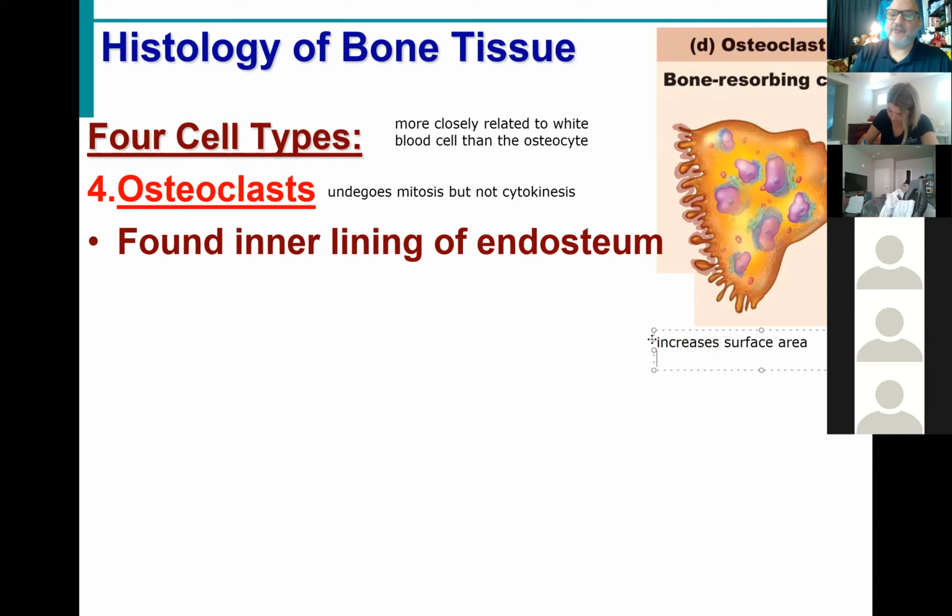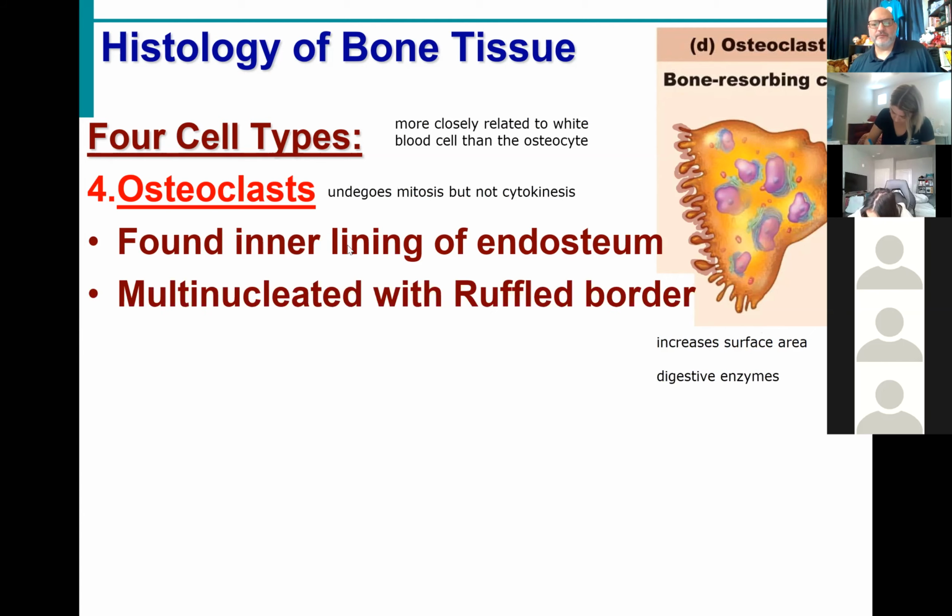And the massive amount of proteins it makes are digestive enzymes. And then it has a huge, massive border to be able to make surface contact with the bone so that it can easily break the bone down.